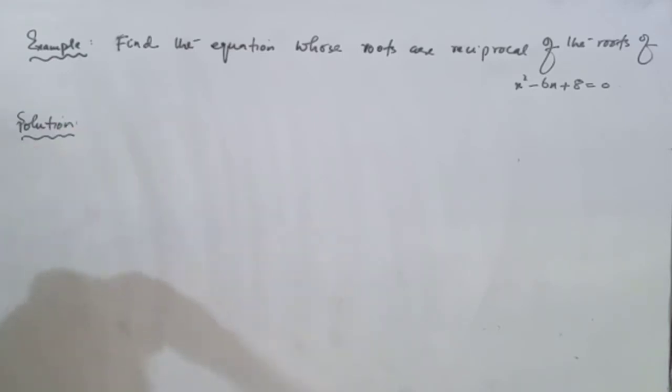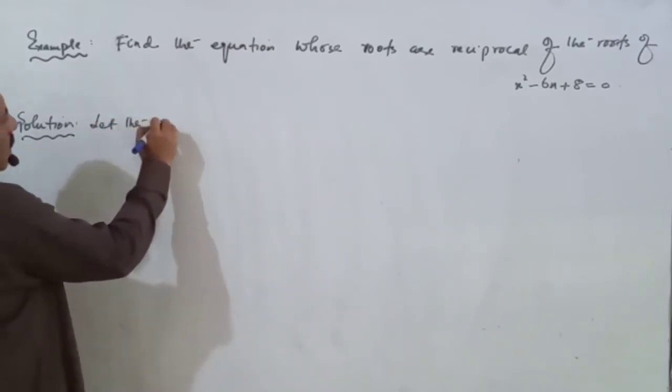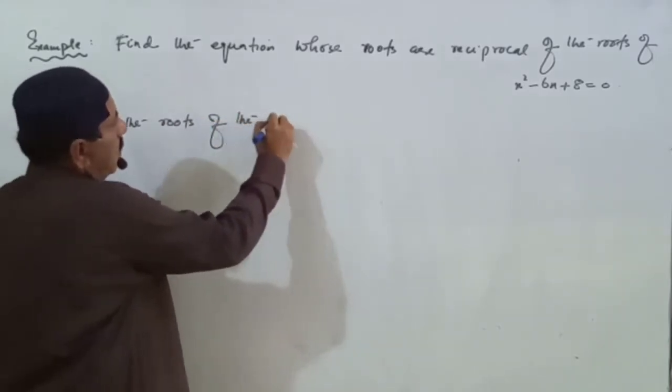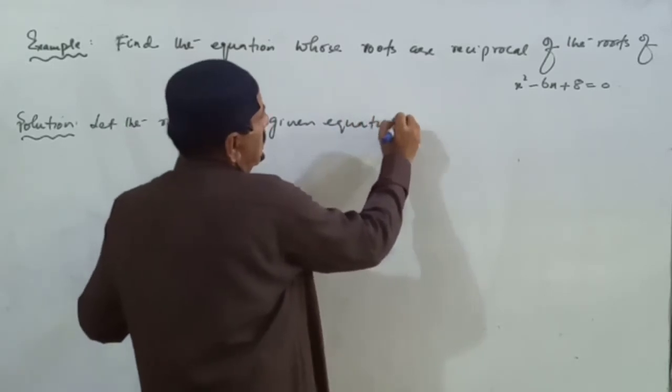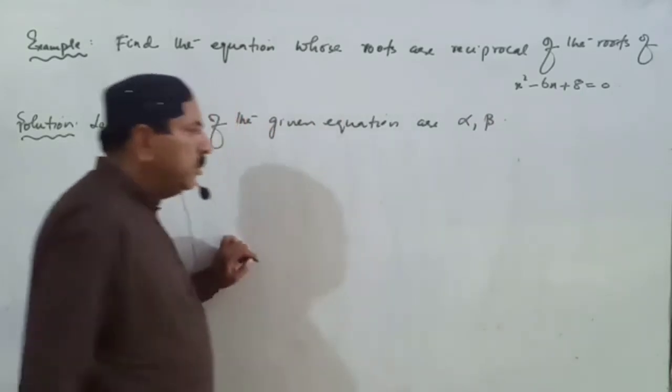Let the roots of the given equation are alpha comma beta.